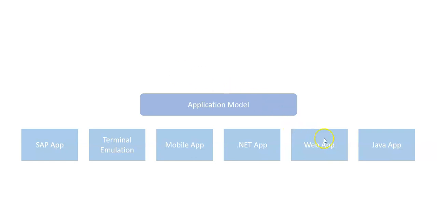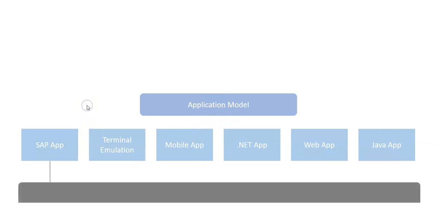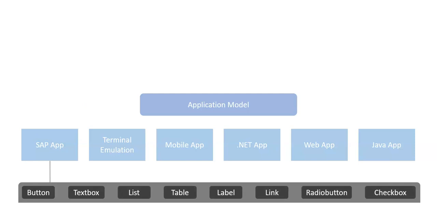So there are a couple of technologies I can automate and build my application model on. And all those applications have a set of objects. The set of objects includes different classes like buttons, text boxes, tables, lists, links, radio buttons, so whatever you can imagine in order to automate the UI side of the application.